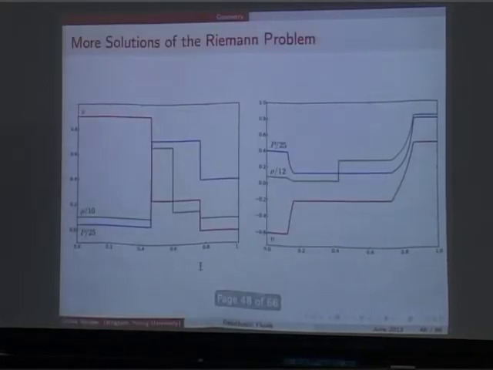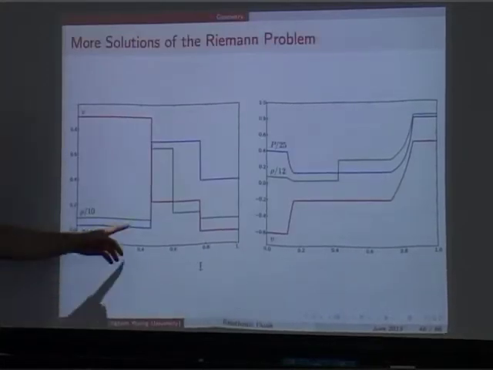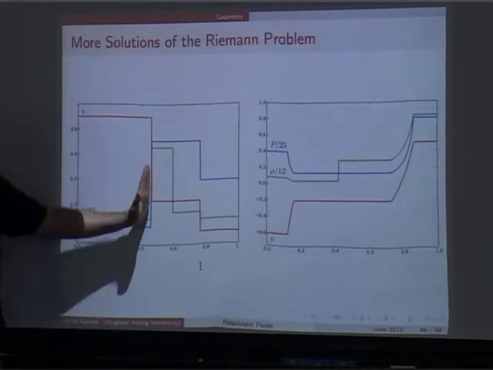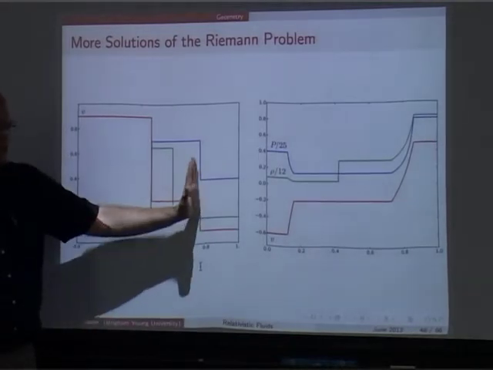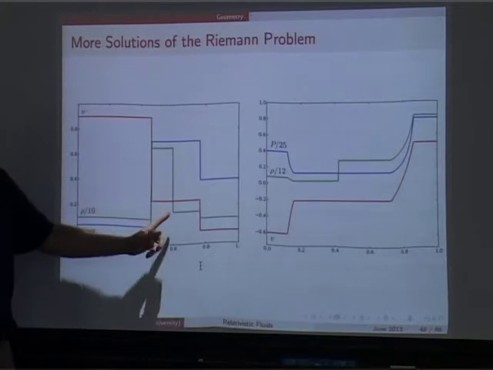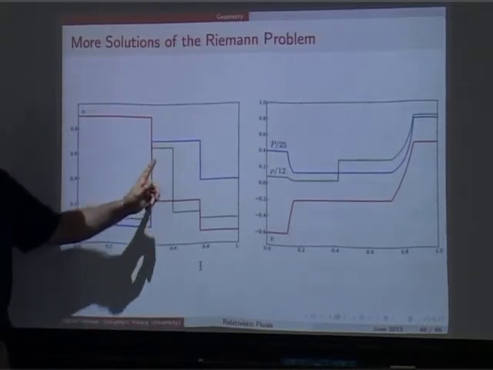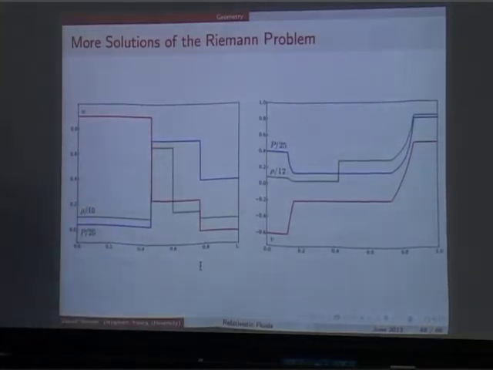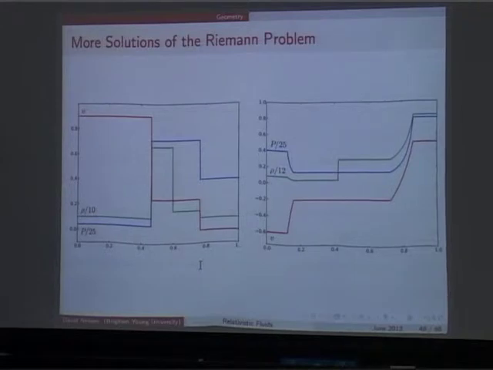Of course, you don't have to have that. You can have solutions where you have shocks everywhere. Here I have a left-moving shock and a right-moving shock, and a contact discontinuity in between. How do you think I get shock waves going both ways? You basically give the fluid on both sides a velocity towards the initial discontinuity, and then you get shocks propagating outward.